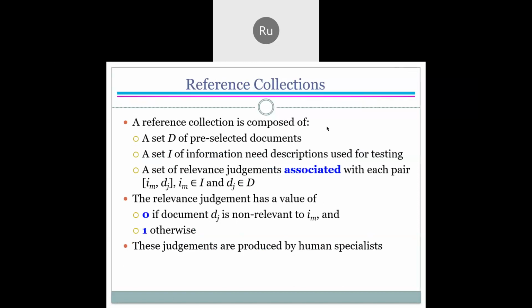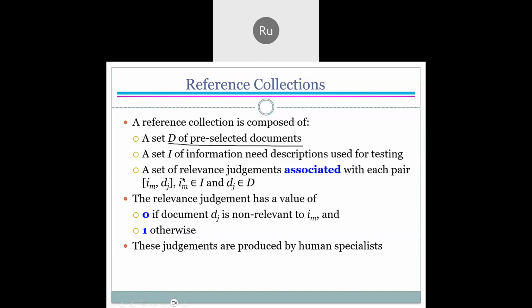To describe the process of evaluation, we should have a reference collection. So we should have a set D of pre-selected documents. This is all the documents that we have in our system, the pre-selected documents.